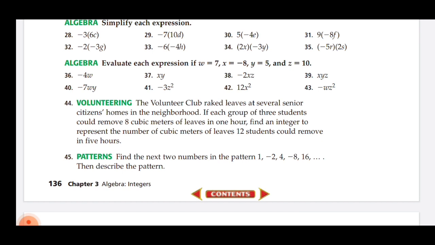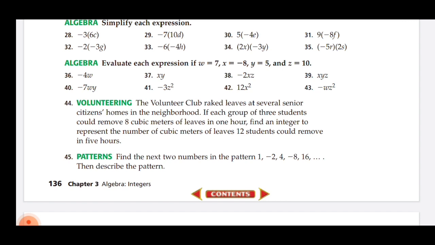44. Volunteering. The volunteer club rakes leaves at several senior citizen homes in the neighborhood. If each group of 3 students could remove 8 cubic meters of leaves in 1 hour, find an integer to represent the number of cubic meters of leaves 12 students could remove in 5 hours. 45.